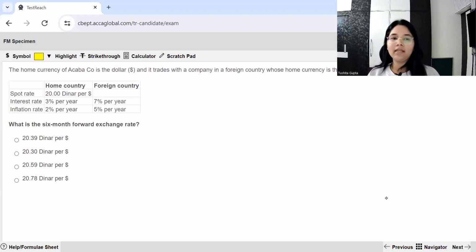The spot is given in terms of dinar per dollar, so in our calculations the dinar rate will come first, and in the denominator we will take the dollar rates.